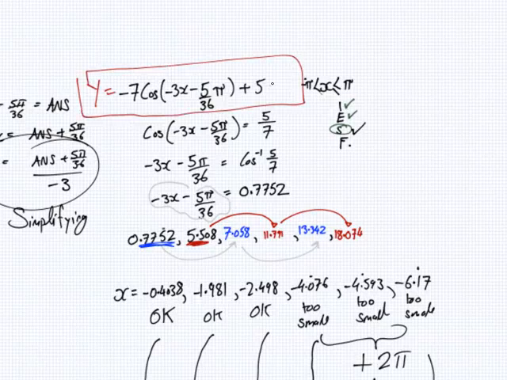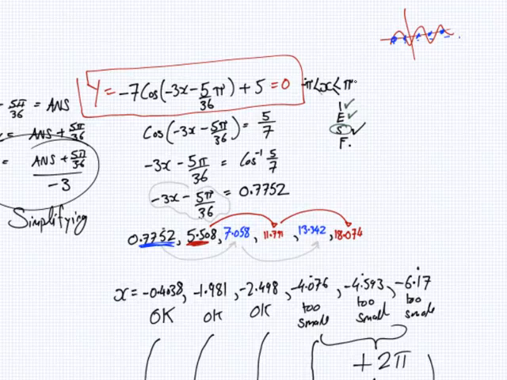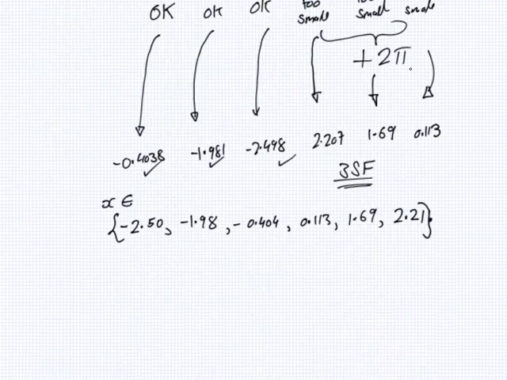If I want to know when it equals 0, it means I want to know what the roots are. The 6 points where it crosses the x-axis, the roots, they should be the same as these 6. Let's check it.